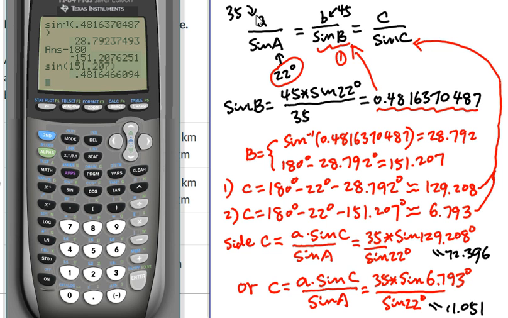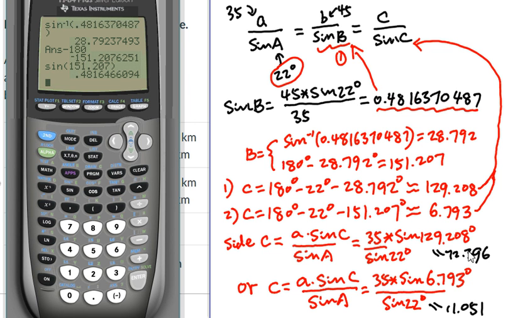So we do cross multiplication, 35 times sine C over sine A. So you then have 35 times sine 129.208 degrees divided by sine 22 degrees. What you get will be this value.